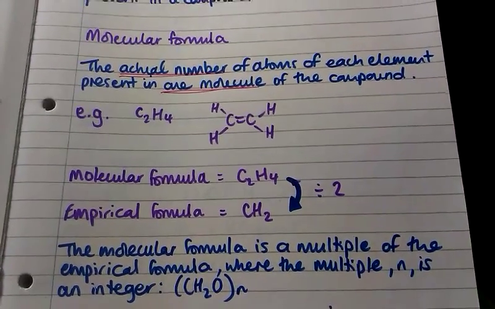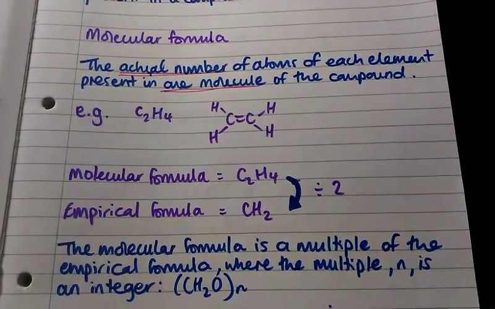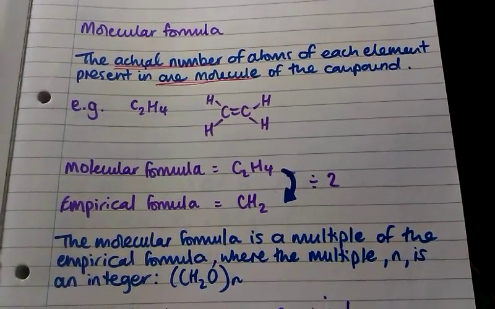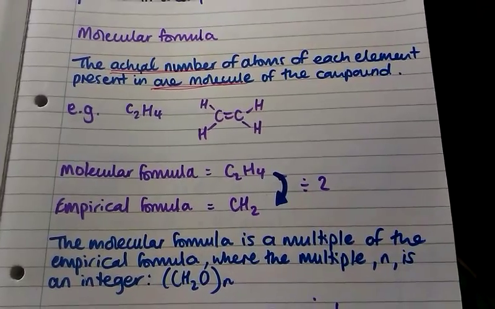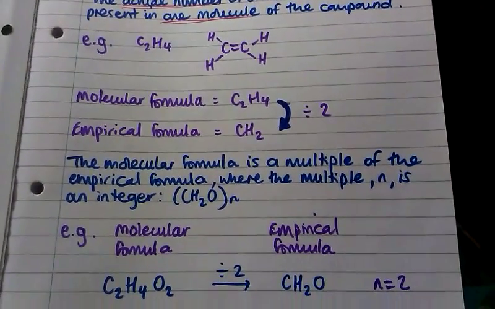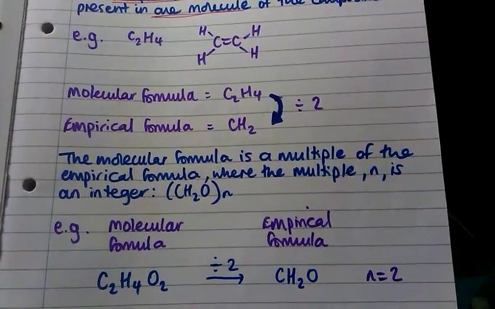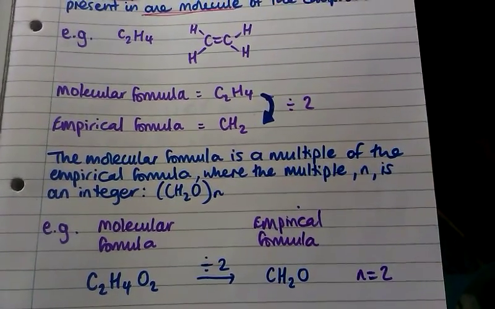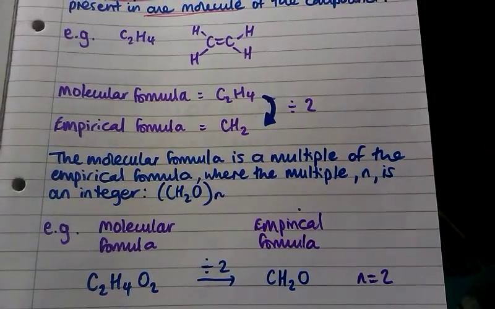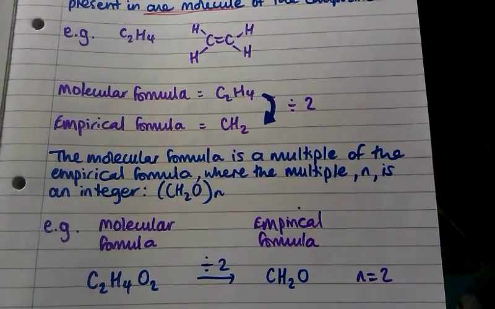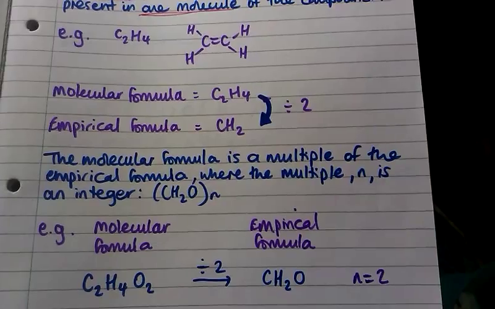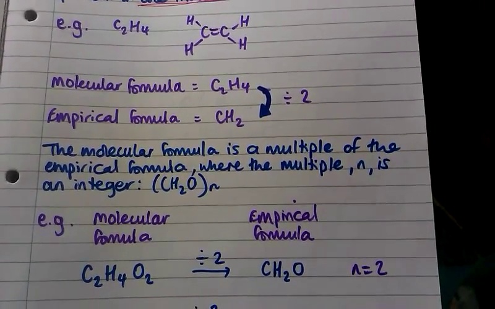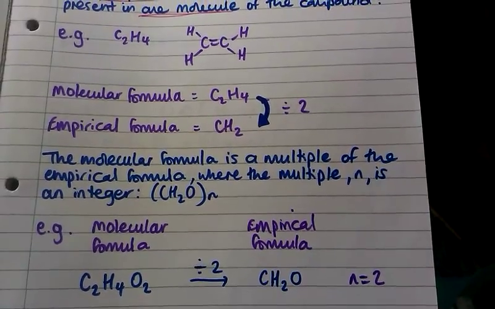So we don't have to have compounds that contain just carbon and hydrogen. Let's say we had carbon, hydrogen and oxygen. First example, where the molecular formula is C2H4O2. So what integer would divide into both 2 and 4? So the answer here is 2, and that would give us the empirical formula CH2O, where n, the multiple, is 2.